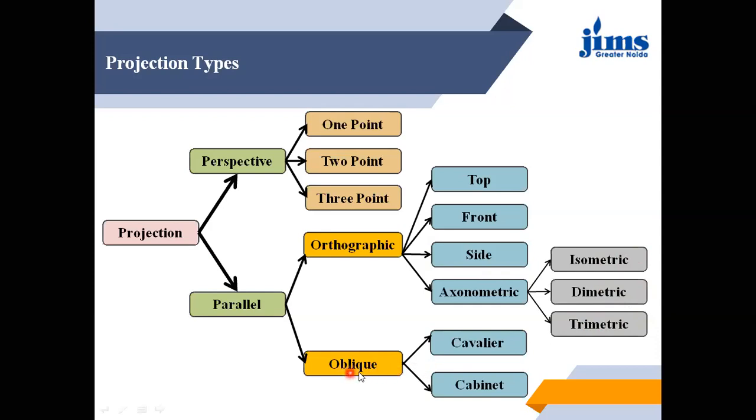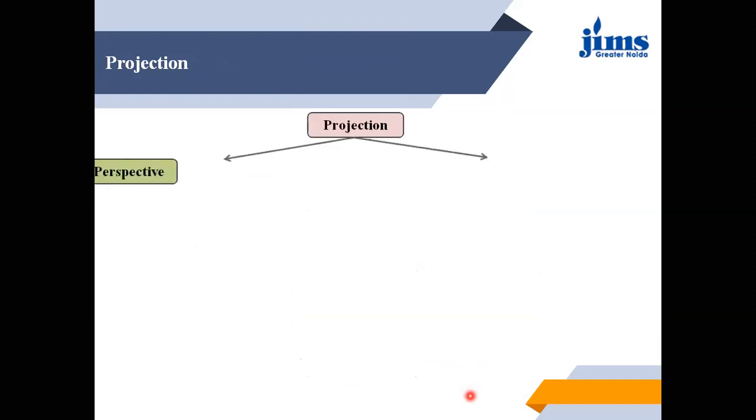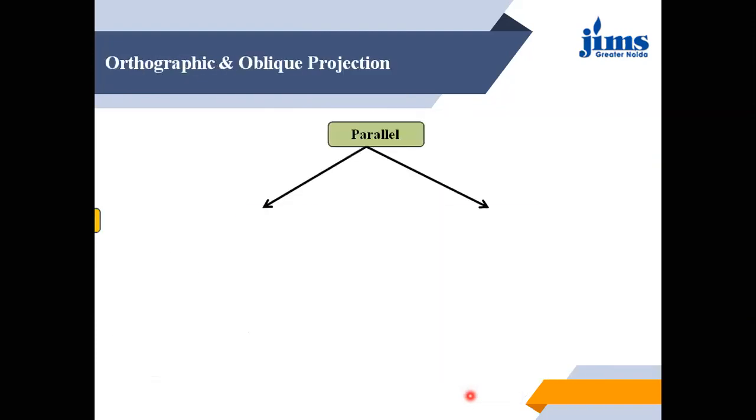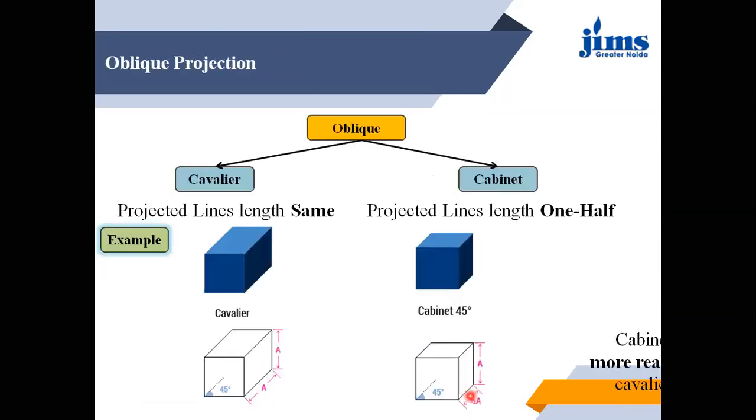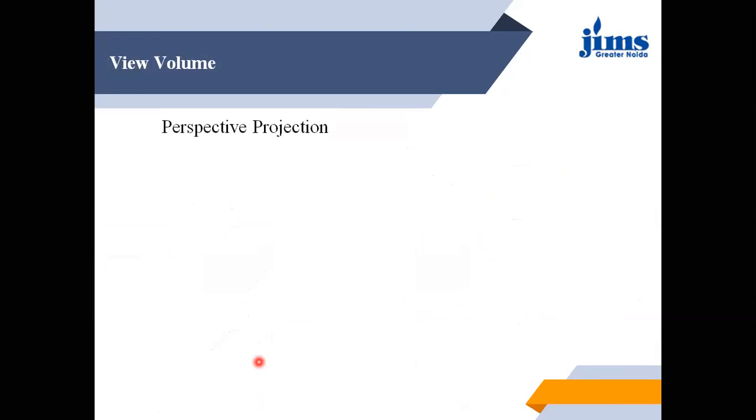Whereas in cavalier and cabinet, the directions of the projectors are always different to each other, and you can see from here that the image is formed by half the length of the object in case of cabinet, and in case of cavalier we have to take the original length of the object.